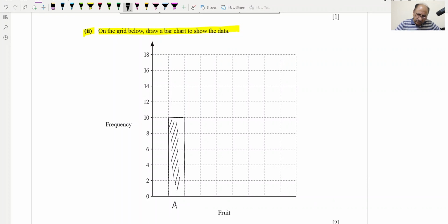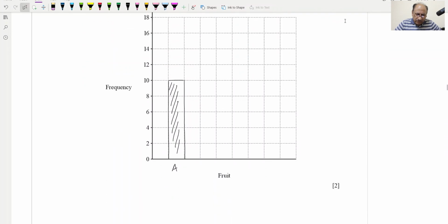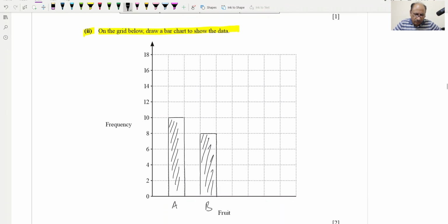Okay, and the next bar will be for banana, which is 8. So we keep the gap, and we can show 8 over here, and this will be 8 for bananas. And next is basically 12 for oranges.